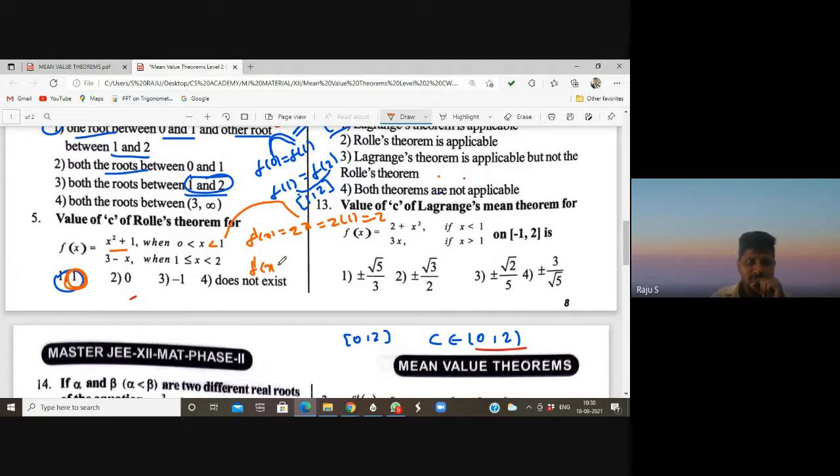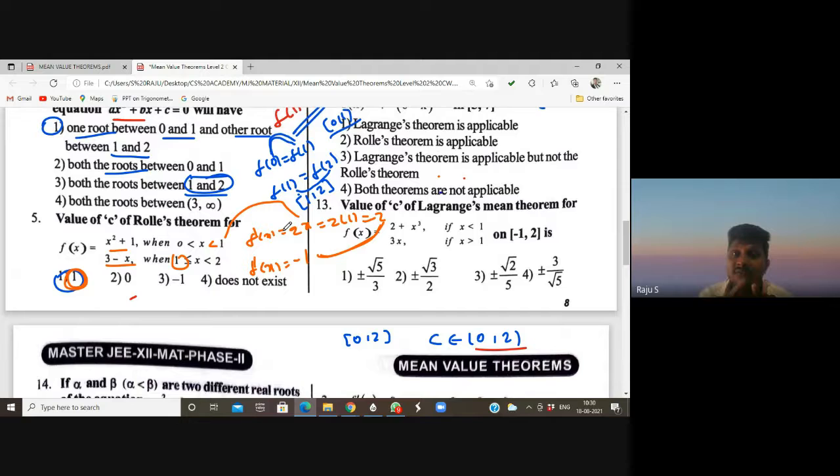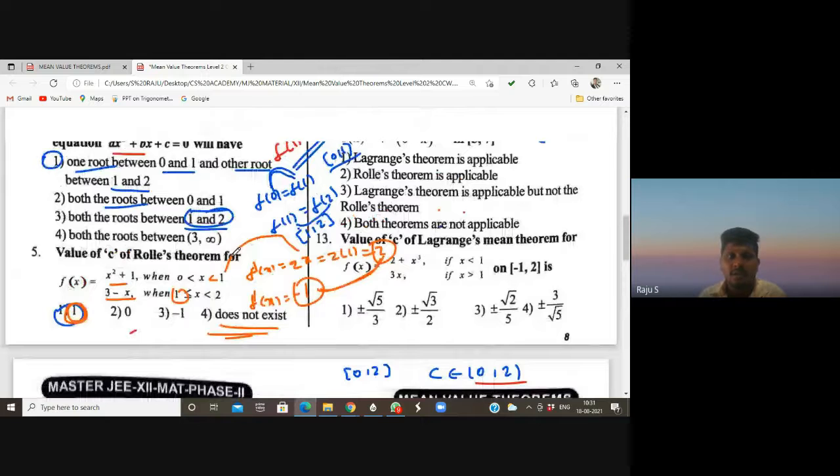At 1 you differentiate this, it is minus 1. Is minus 1 equal to 2? No, so it is different. It is not differentiable at 1. The second condition is failed, because left hand derivative and right hand derivative are different, so it is not differentiable. So there doesn't exist any C value. Like that you think logically, right?